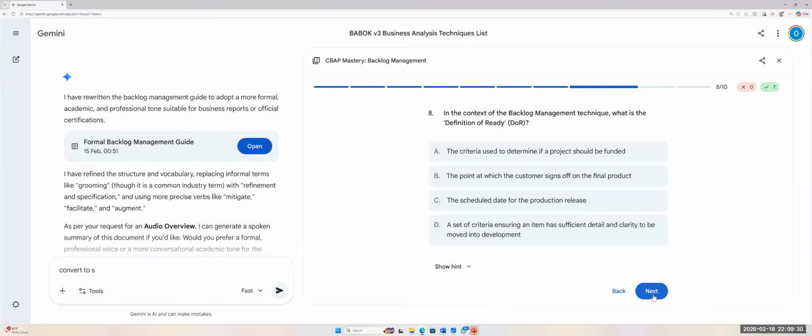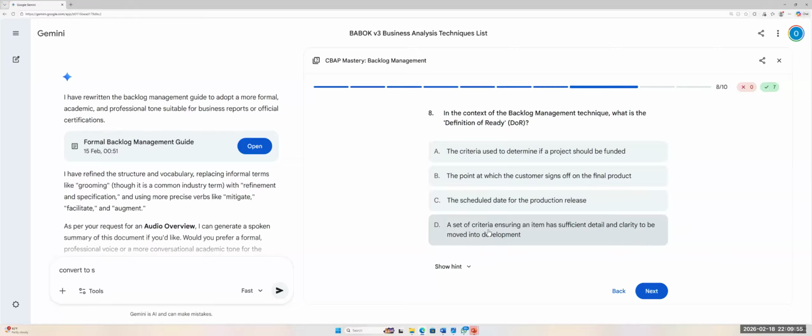In the context of backlog management technique, what is DOR? I think someone asked this question. The criteria used to determine if a project should be funded, the point at which customers sign off the final product, the scheduled date for product release, a set of criteria items has sufficient detail and clarity to be moved into development.